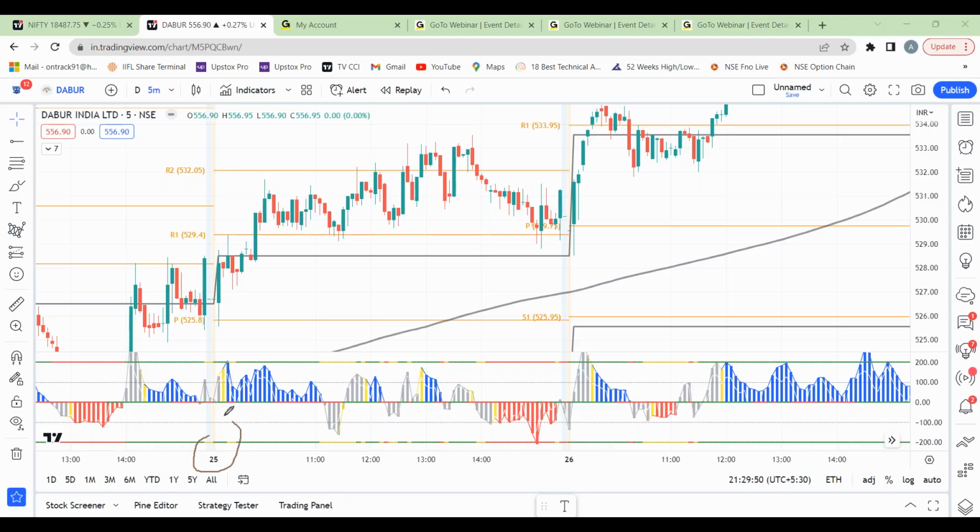So on 25th, we had taken an intraday sell at these levels and we got small profits. It was an intraday sell. Next day, I also shared that I'm planning to take a sell trade next day if we see a sell trend start in this stock.